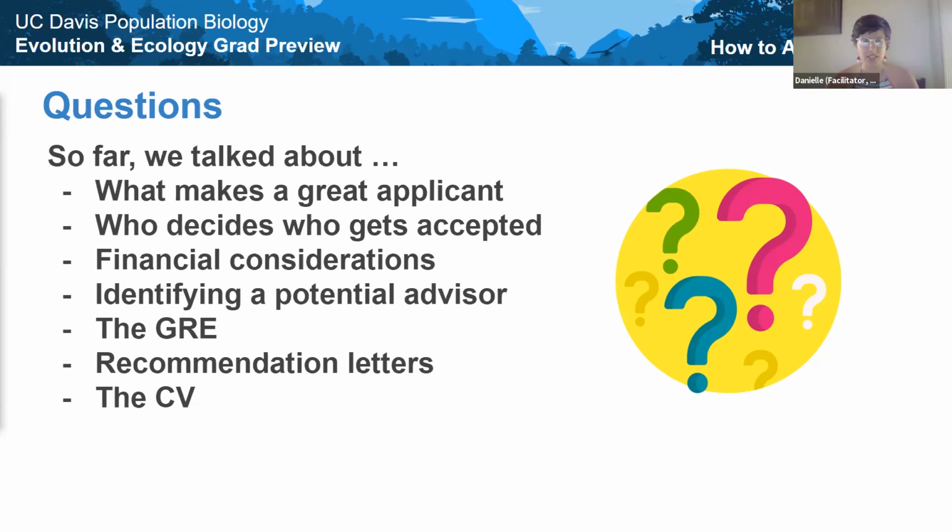There's a few questions in the chat. The first one, I believe, is how many programs would you recommend applying to? That's a good question, and it's a bit of a numbers game. Everyone's answer is going to be a little bit different. I applied to 7, but my initial email list was, I think, 20 or more.